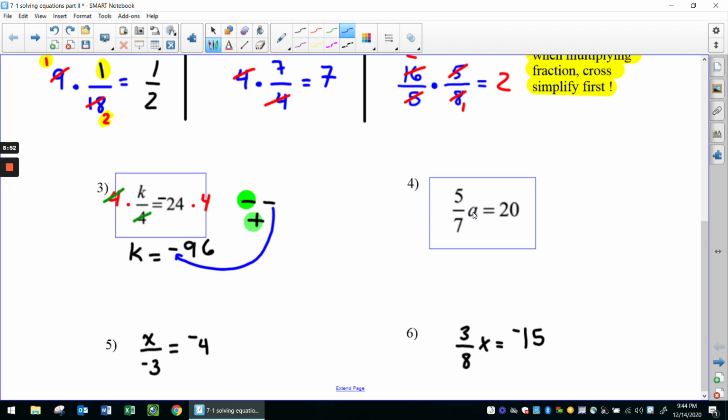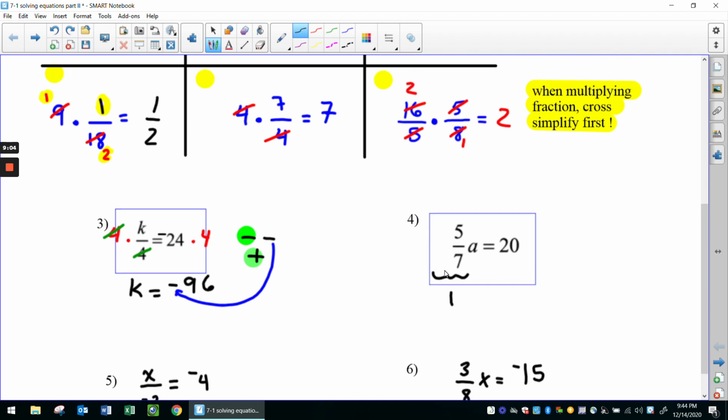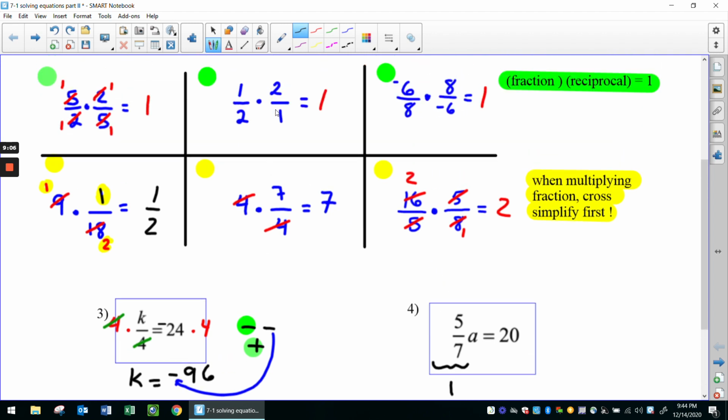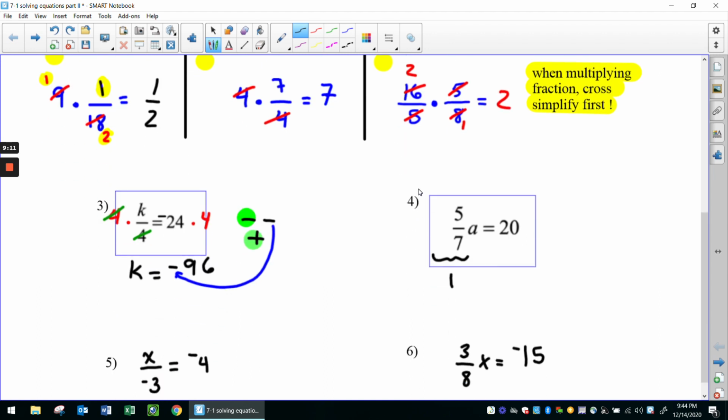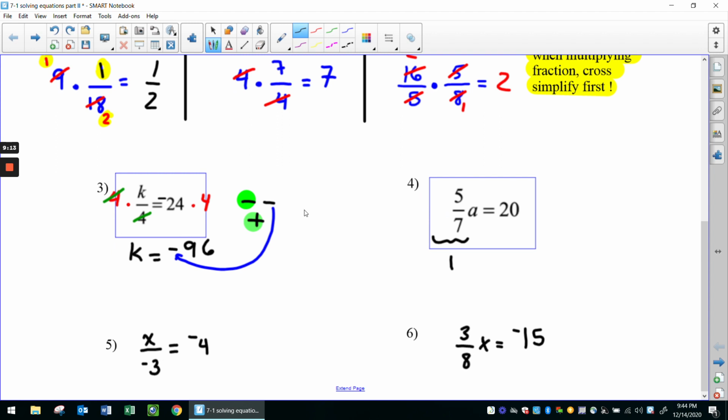Because we want a by itself. So we want 1 times a. Well, we just did this up here, right? We said if you have a number and you're multiplying it by its reciprocal, it's going to become 1. And that was the definition in a way that we came up with.